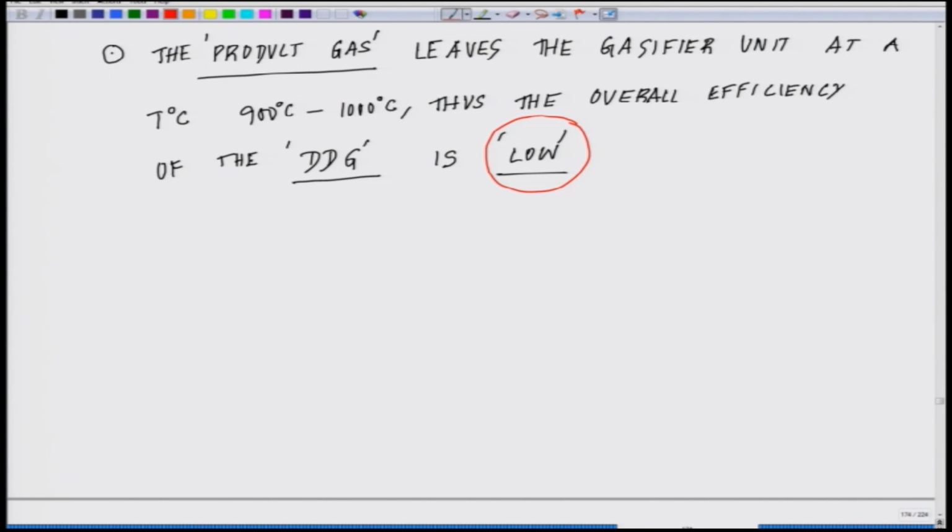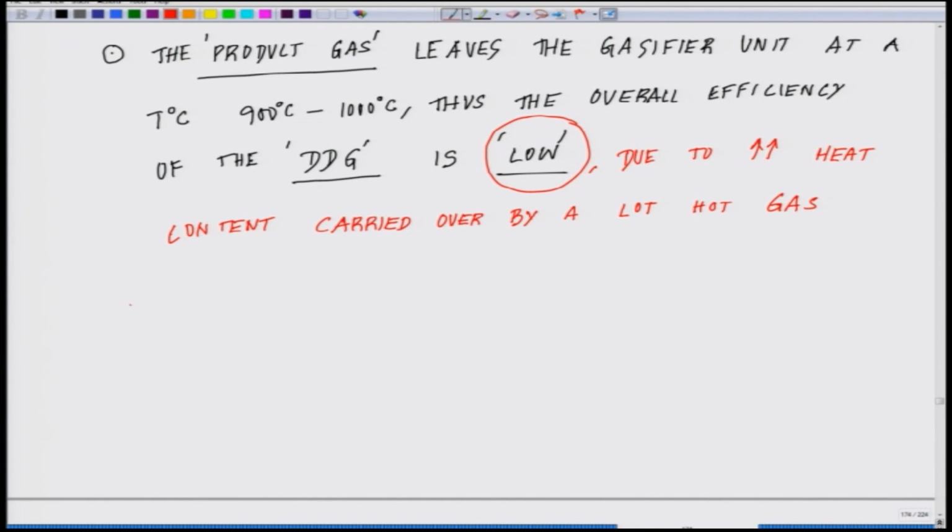The downdraft has a lower efficiency, due to the high heat content carried over by a lot of hot gas. So, keep this aspect in mind.